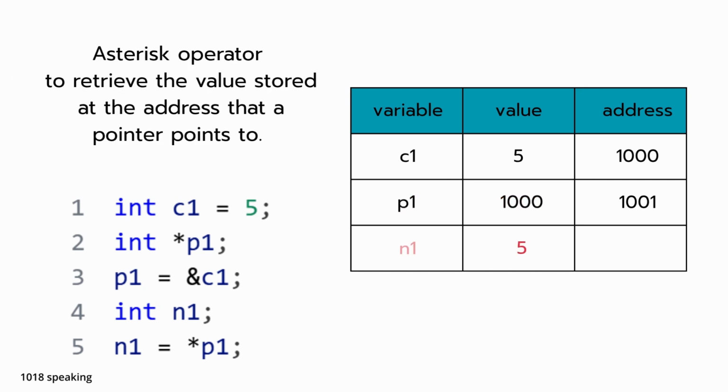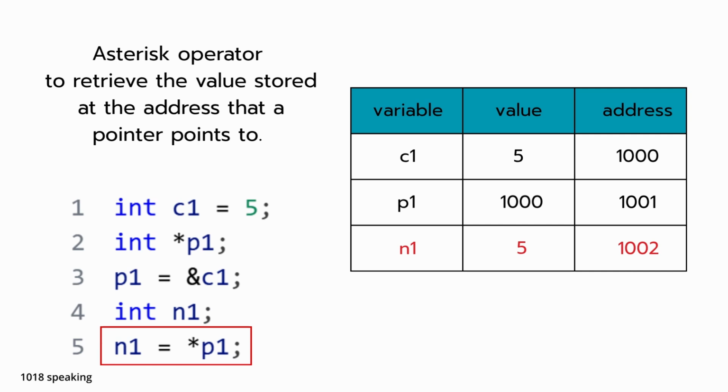Dereference, on the other hand, means using the asterisk operator to retrieve the value stored at the address that a pointer points to. For example, this means we take the value stored at the memory address inside P1 and assign it to N1.